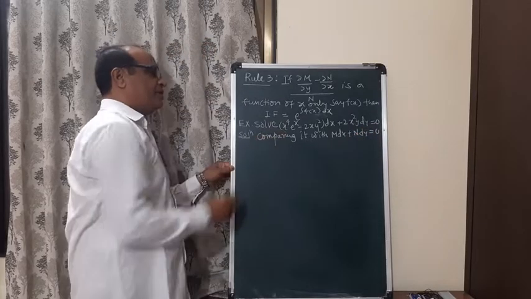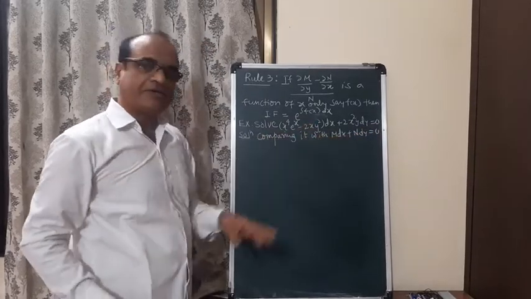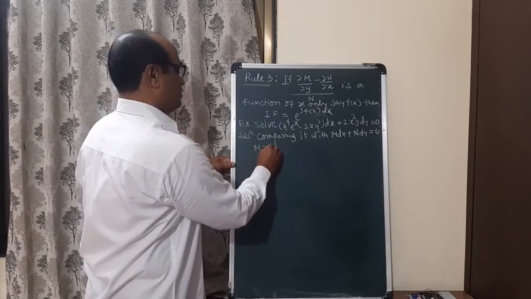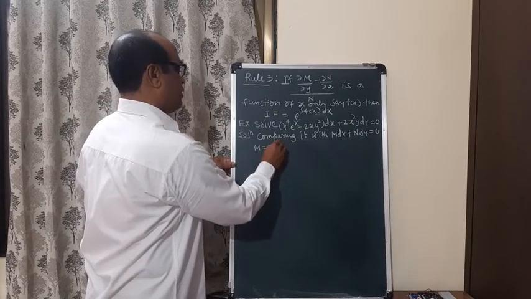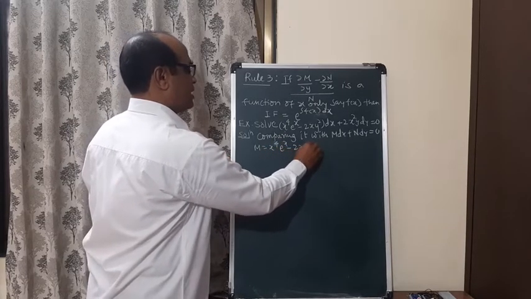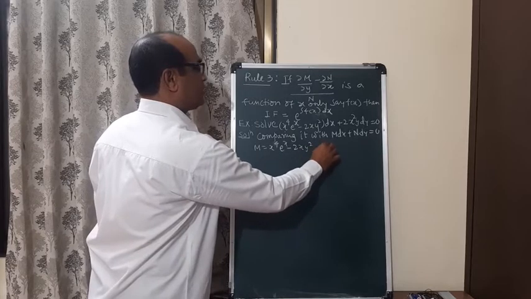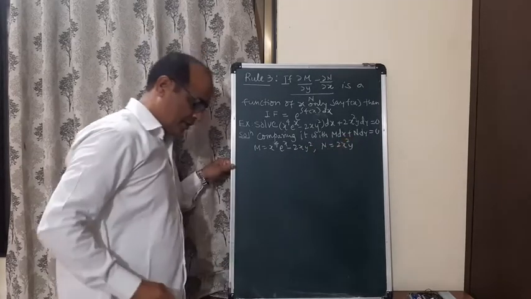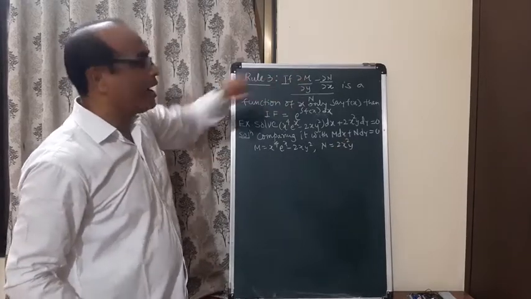Comparing this equation with this equation, so what is M? M is equal to x⁴eˣ − 2xy², and N is equal to 2x²y. Okay, so find ∂M/∂y.